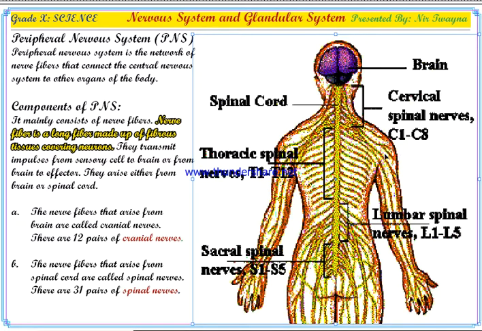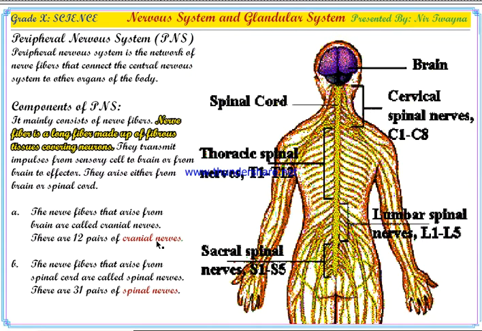Anyway, 30 pairs are seen here. Below the sacral spinal nerve there is the coccygeal spinal nerve. I guess that is missing in this diagram.